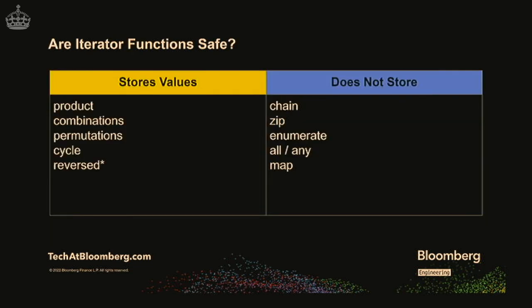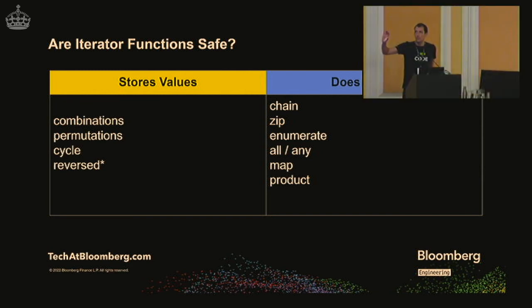So product, we can now write our own product implementation that does not consume all of our memory, preserves that benefit of generators, and we can kick it over to the right-hand side. Some of these other ones are a little more complicated, but cycle, which simply iterates through a generator or other iterable, then starts again and again and again.